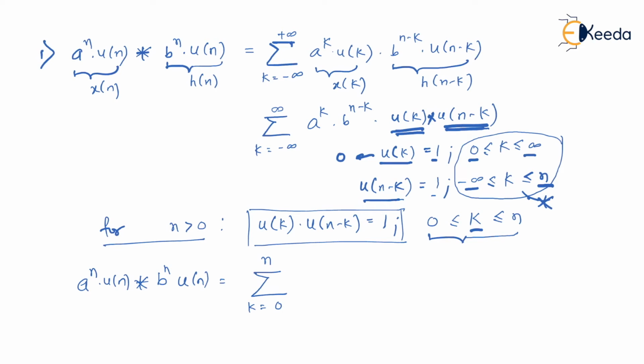Okay, so I can rewrite it like this. A to the power k b to the power n minus k dot 1. Why 1? Because what is left is u of k dot u of n minus k, but we know that the product of it is always equal to 1 between k 0 to n. So now further I can write it. A to the power n u of n convolved with b to the power n u of n is equal to the summation for k equal to 0 to n.